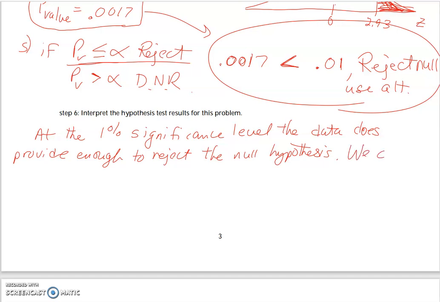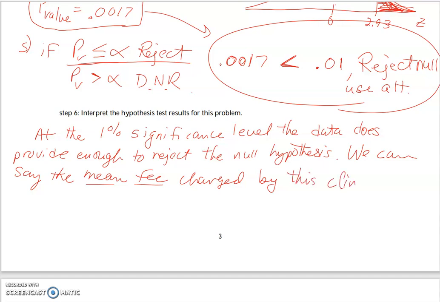So we can say, basically, that they're charging more, right? We can say the mean fee, remember it's always the mean we're looking at, the mean fee charged by this clinic is more than $1,200.